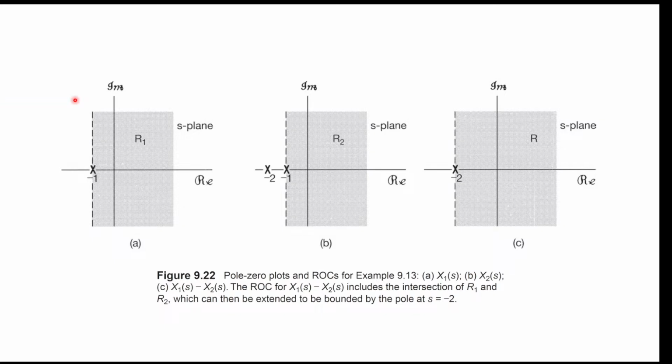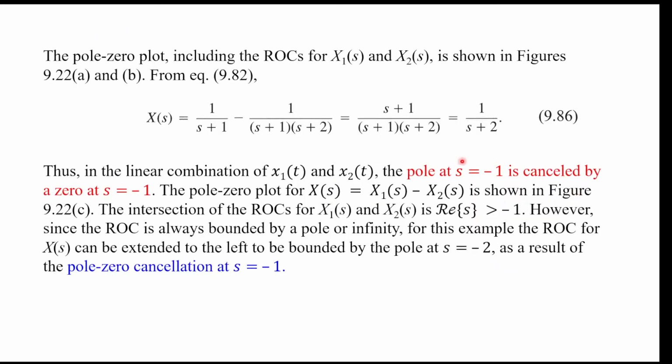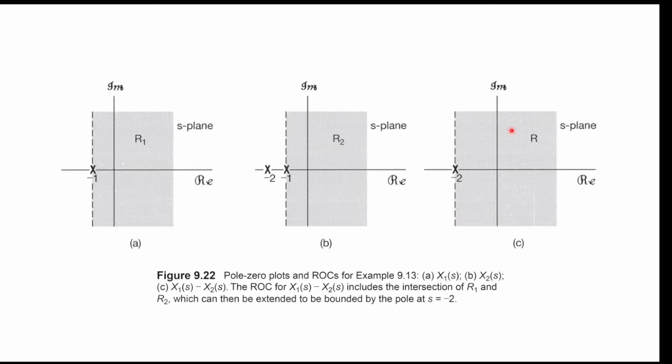Basically, for the ROC of the linear combination of those two, because the -1 pole cancels out, the ROC can extend. And in this case, we know the ROC does extend because this is a rational function, and we know the ROC of a rational function must be bounded by the poles. Okay?